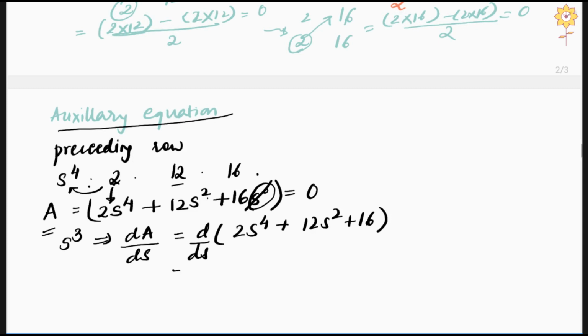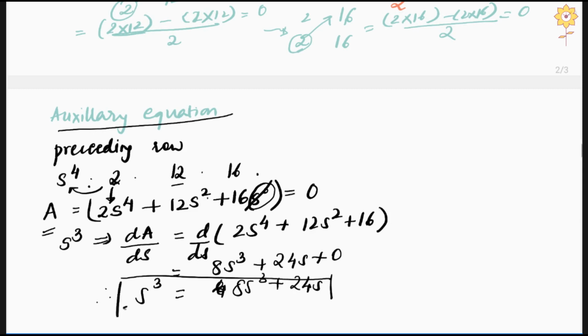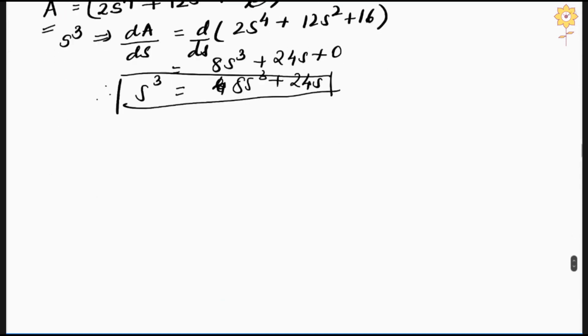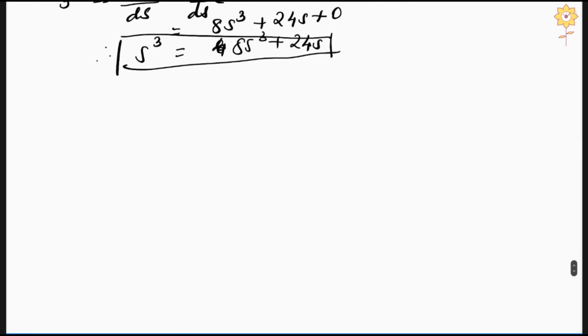So, this is going to be 8 into s raised to 3 plus 24s plus 0, right. So, we got a new equation for S3, that is 8s raised to 3 plus 24s. Now, we can use this particular equation and we can update the array that we have. Okay. So, I will write the array again for you.